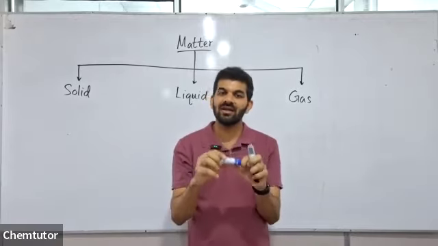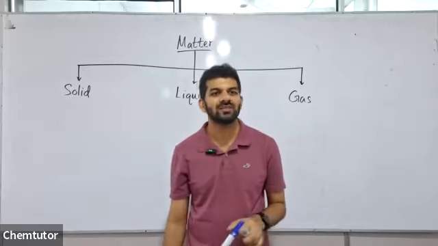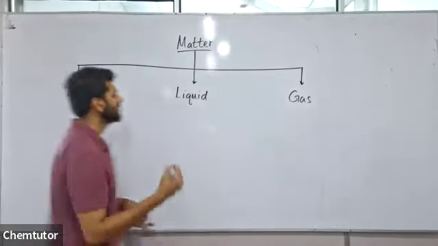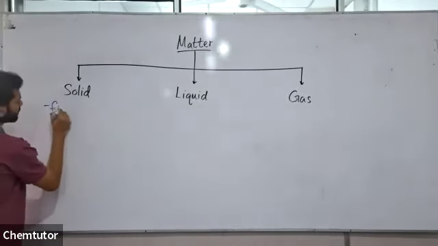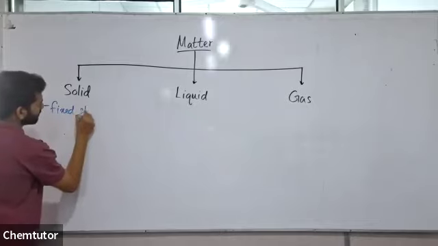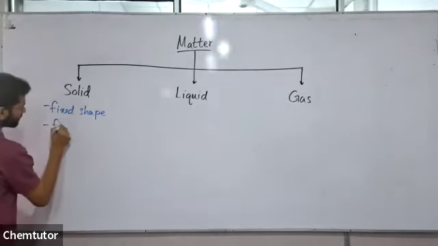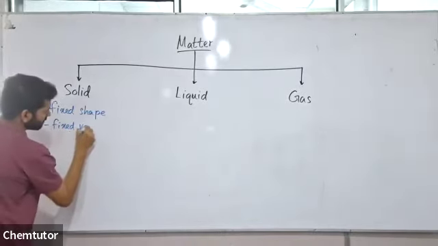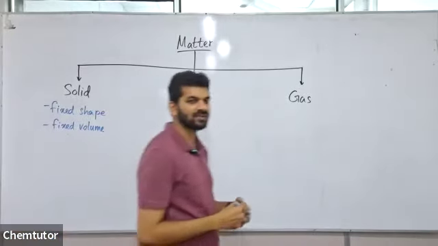Why is that? Because there are very strong intermolecular forces between the atoms of this solid substance. So we can say therefore they have a fixed shape, and the volume is also fixed.